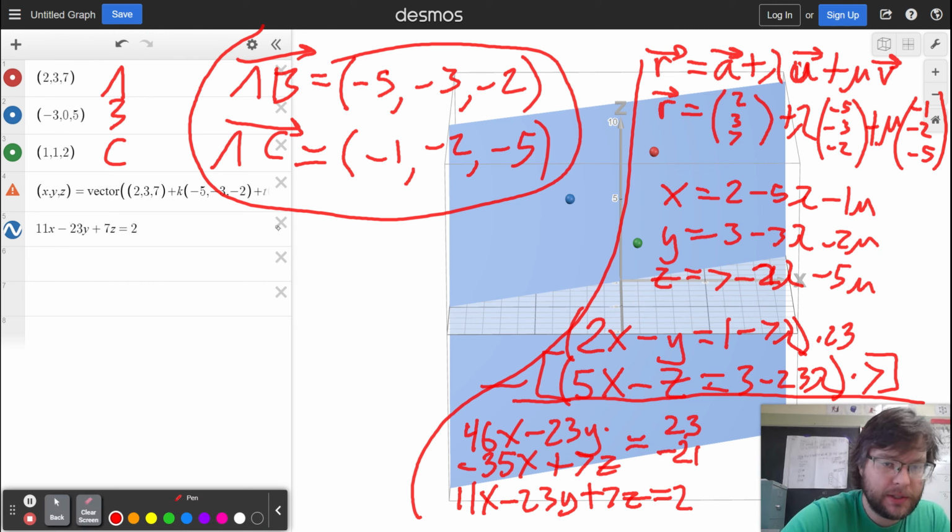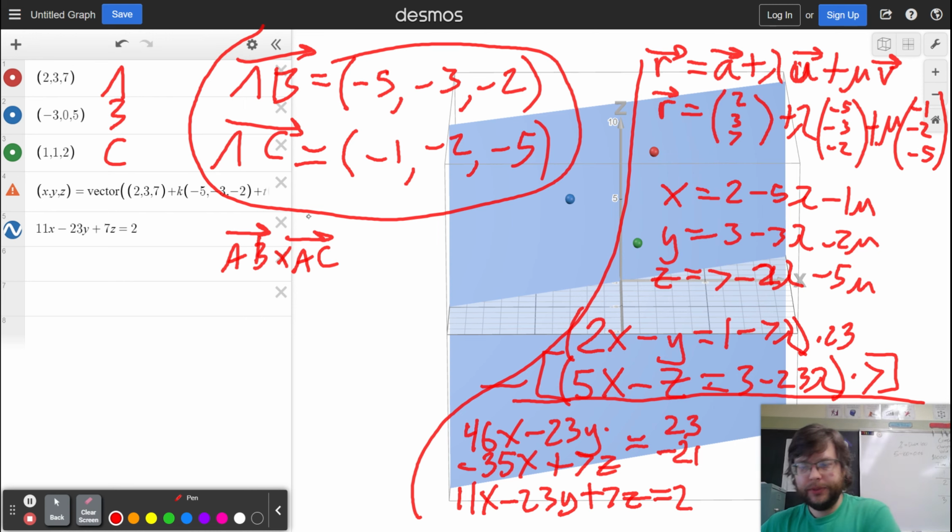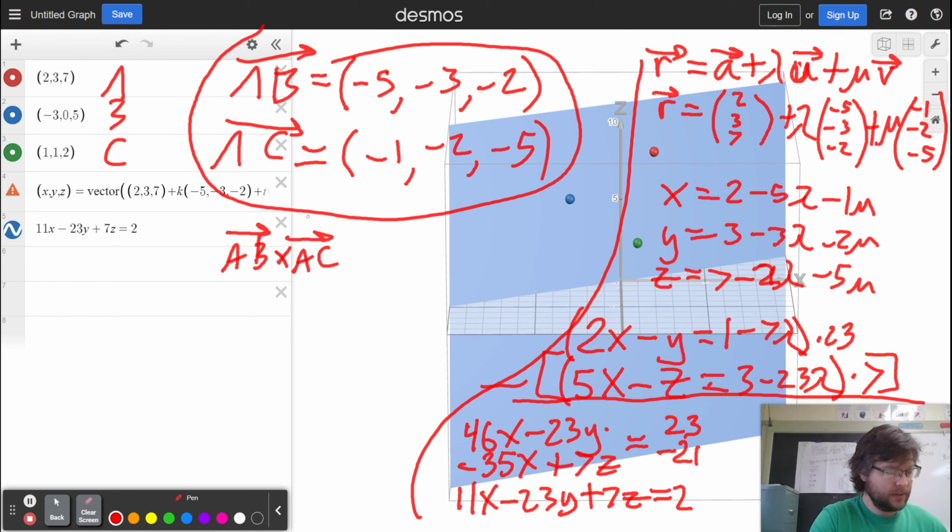So the cross product, AB crossed with AC, just look at your formula. AB crossed with AC is, sometimes I try to do it off the top of my head, other times I don't feel like doing that. So we're doing the second component times the third component.